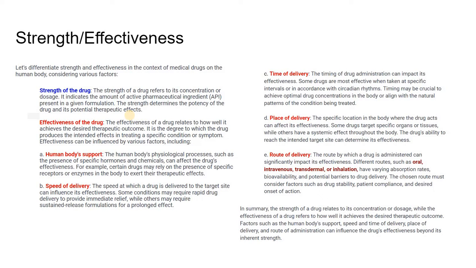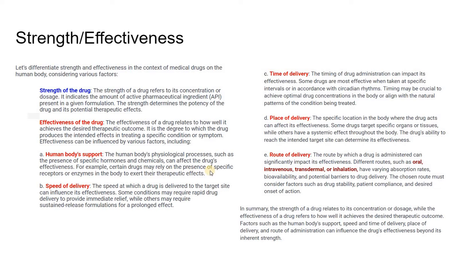See, the effectiveness of the drug relates to how well it achieves the desired therapeutic outcome. It is the degree to which the drug produces the intended effects in treating a specific condition or symptom. Effectiveness can be influenced by various factors, including the human body's support. So our body has to support our physiological processes, such as the presence of specific hormones and chemicals, which can affect the drug's effectiveness.